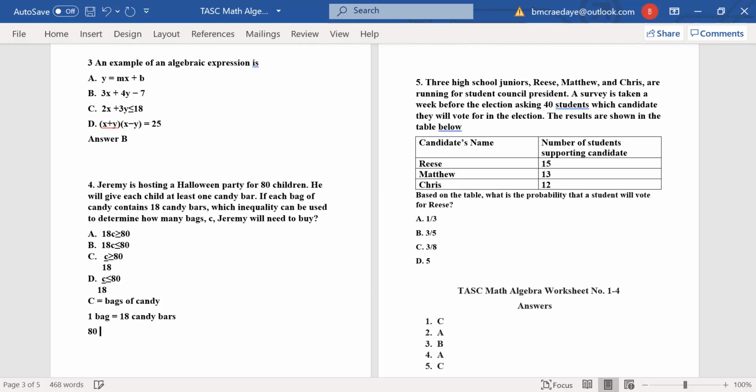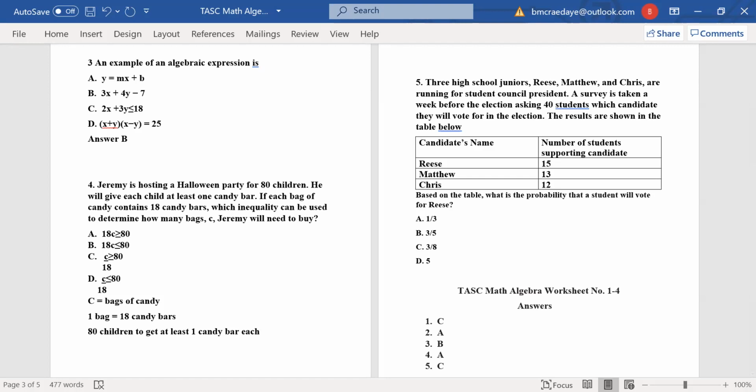80 children to get candy bars. 18 bags. How many bags will she buy? 80 children, and they get at least one candy bar each.